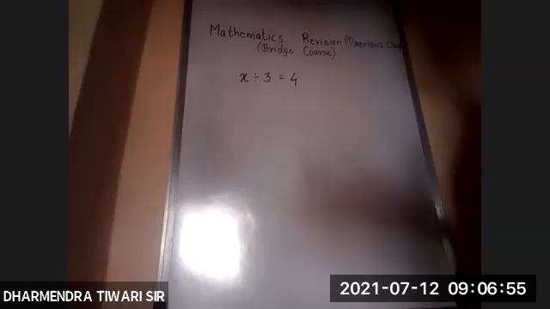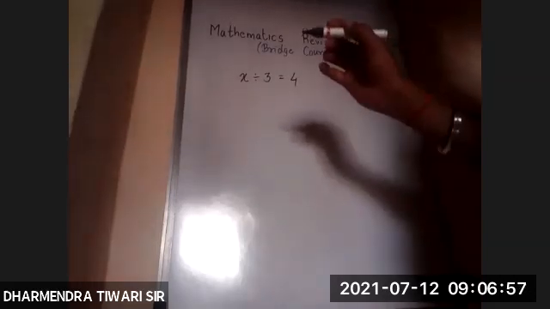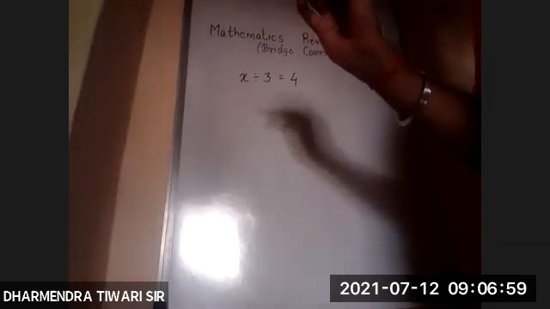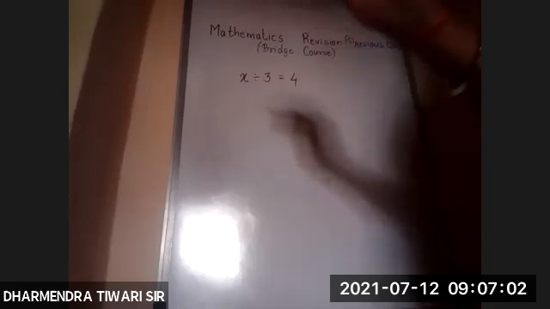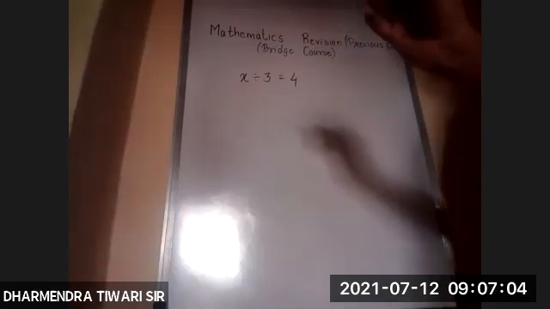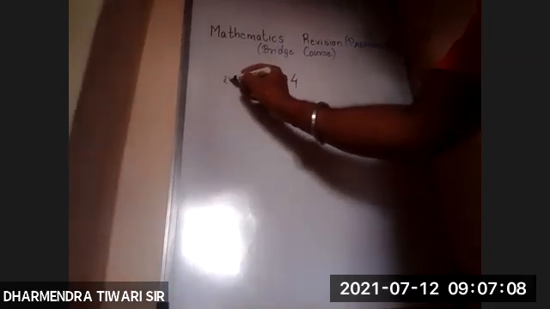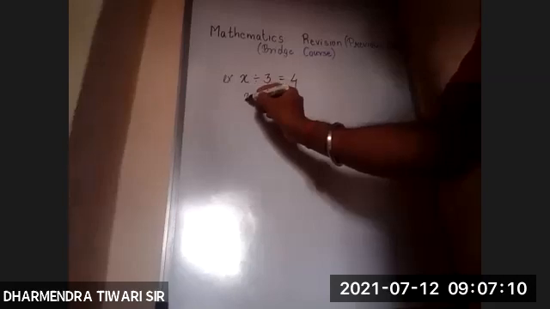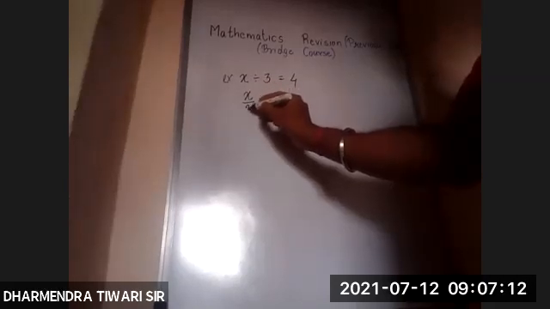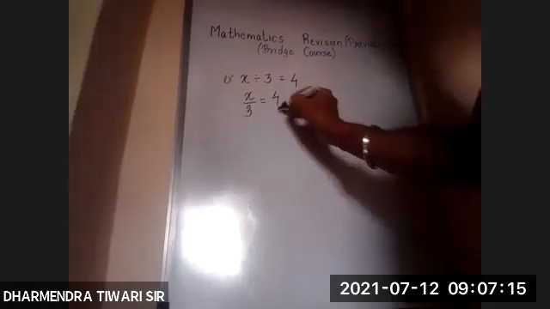And whenever we have the form of multiplication on one side, when we take that number to the other side, it takes the form of division. Let's see an example. We can write this as x divided by 3 is equal to 4.